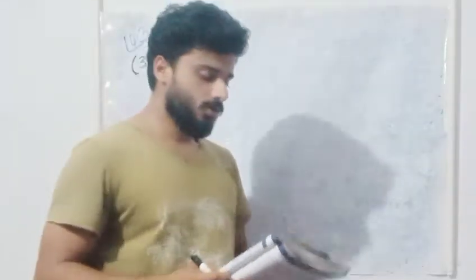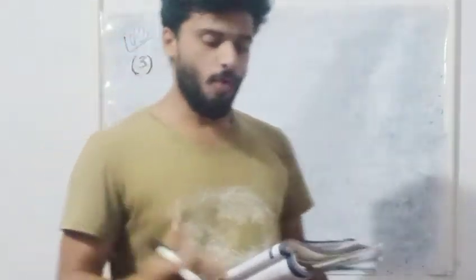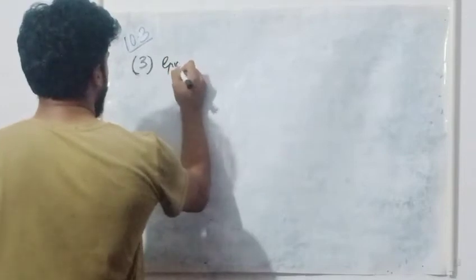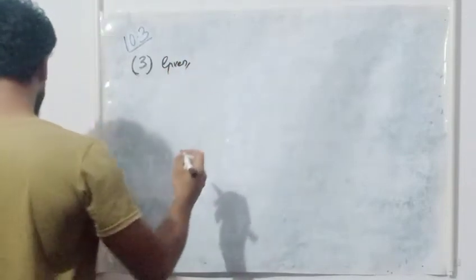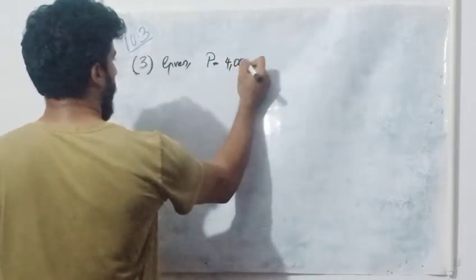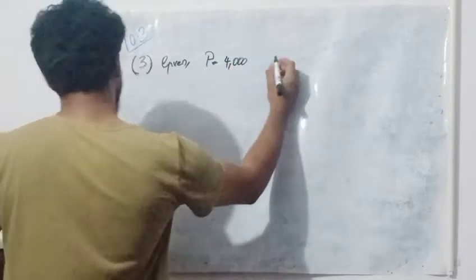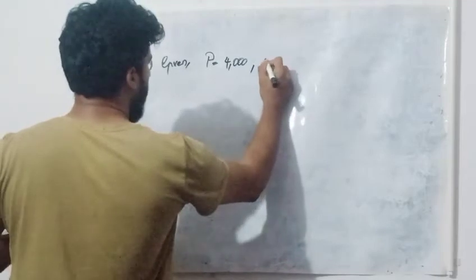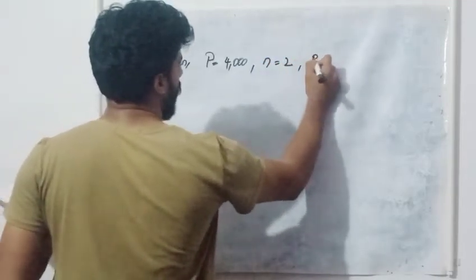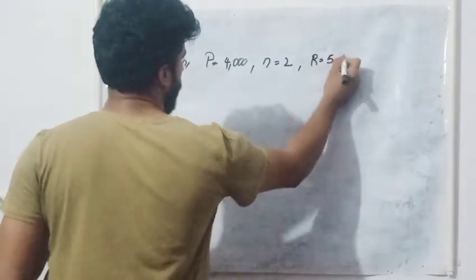Given, principal is equal to 4,000, time n is equal to 2, and r is equal to 5%.